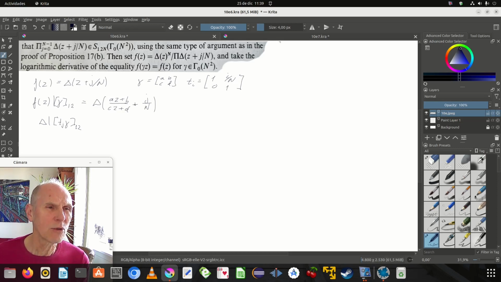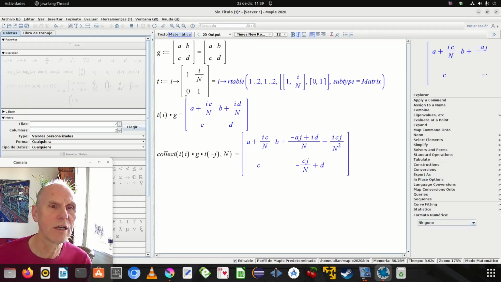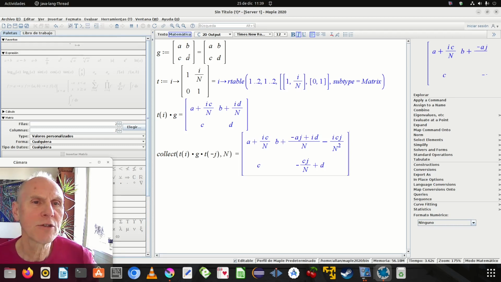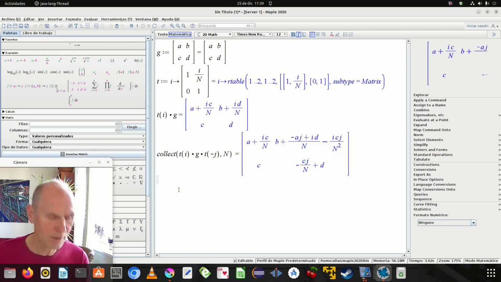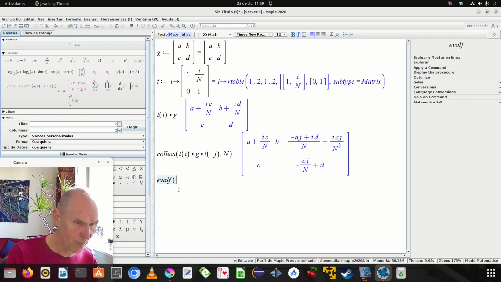And we have actually been through a similar argument, but I just want to do the details again. So I defined the gamma matrix. We can't use gamma in Maple because that's some constant, or maybe it's a gamma function, I don't know.